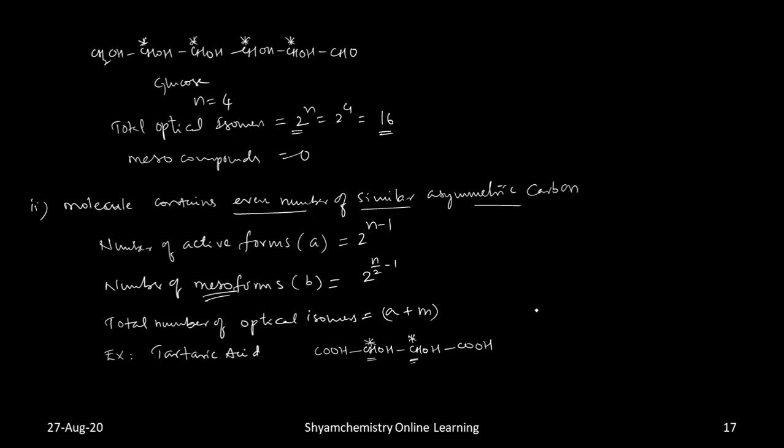Okay, let us write the Fischer projection formula for the tartaric acid molecule. COOH, CHOH, CHOH, COOH. It is an active form. Its mirror image.